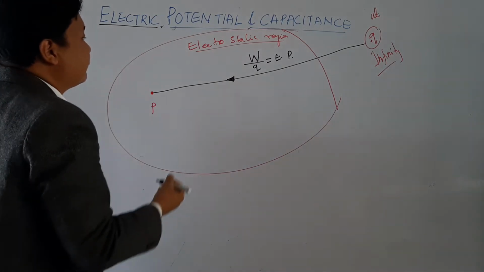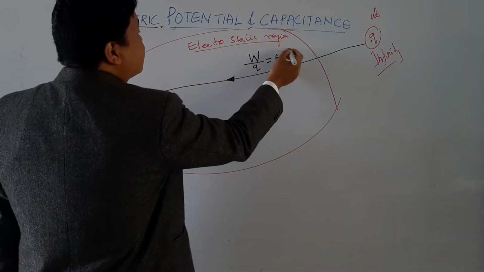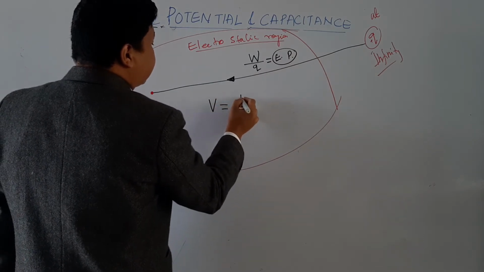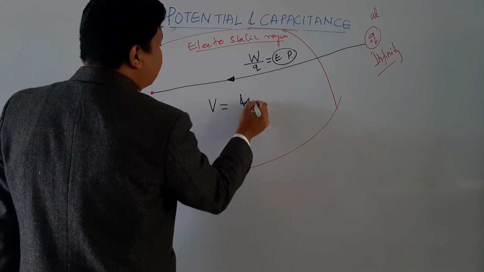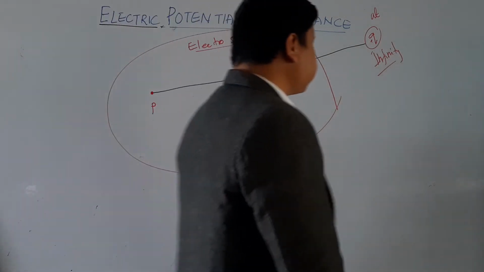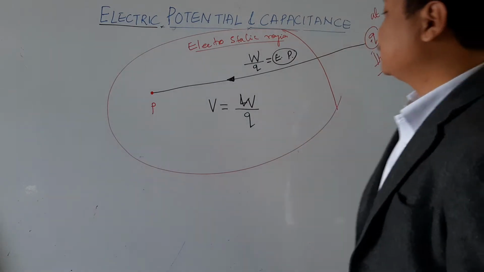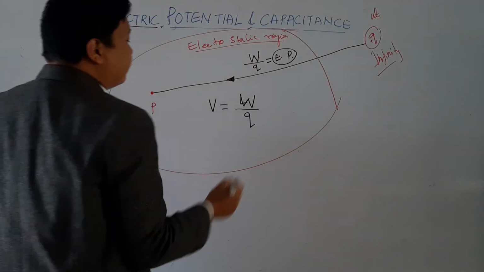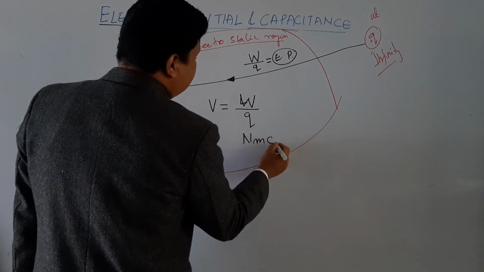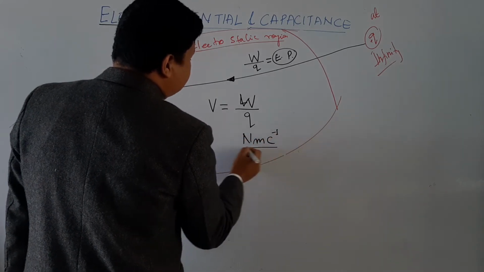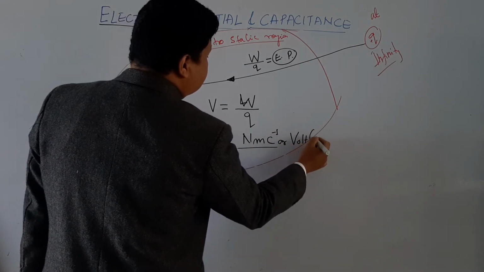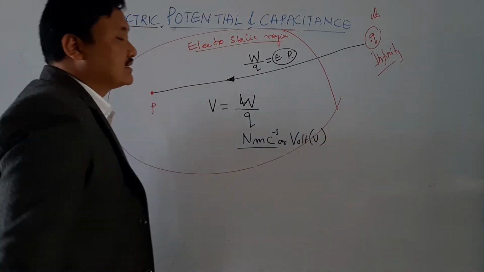So the formula for electric potential, denoted by V, is equal to work done divided by charge. Its SI unit is newton meter per coulomb, or simply volt, V. Both are the same.